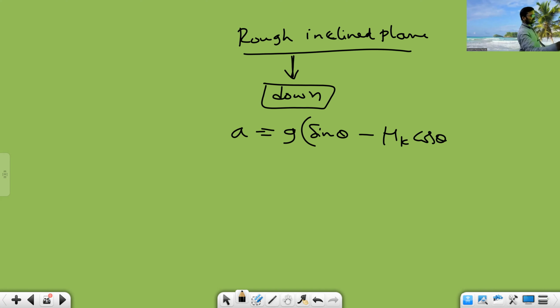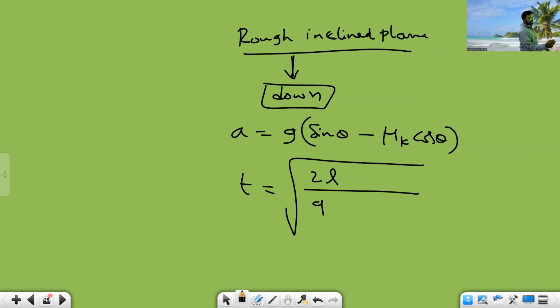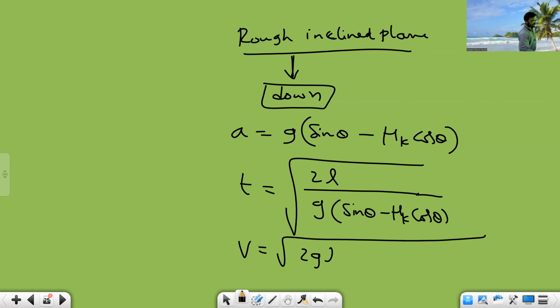The time taken is root over 2L by g into (sin theta minus mu k cos theta). And the velocity is the square root of 2gL into (sin theta minus mu k cos theta).